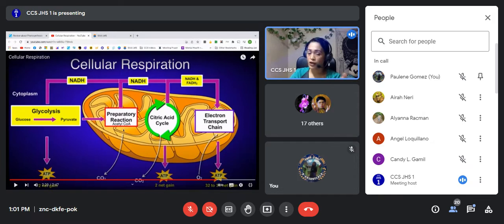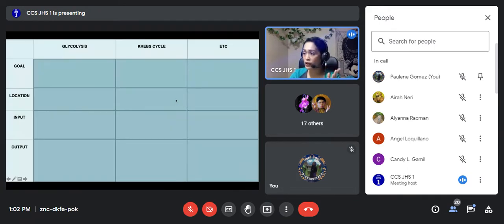Yes, preparatory reaction is there. It happens as part of cellular respiration, but the textbook does not consider it as an actual stage. Okay? So let's now go back to our table to show the summary in terms of the goal, location, input, and output for each stage.